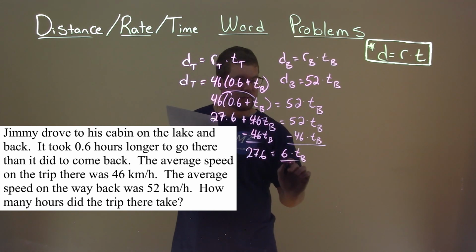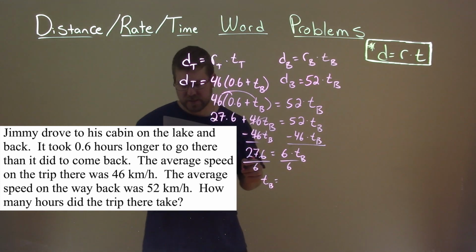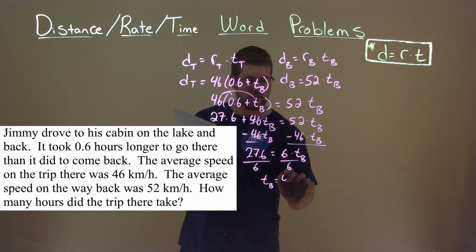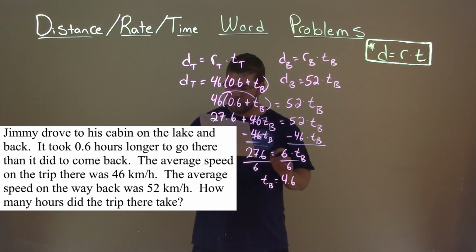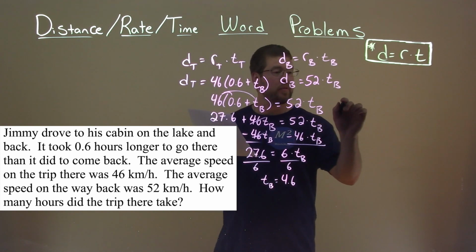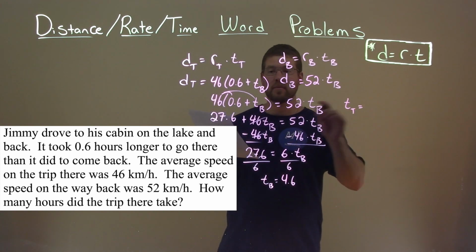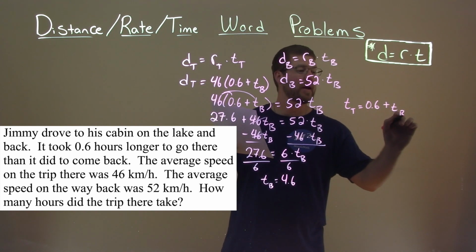We divide both sides by 6, and we're left with t sub b is equal to 27.6 divided by 6, which is 4.6. But that's the time back. They're asking us how long did it take to go there. So we know that the time there is equal to 0.6 plus the time back.